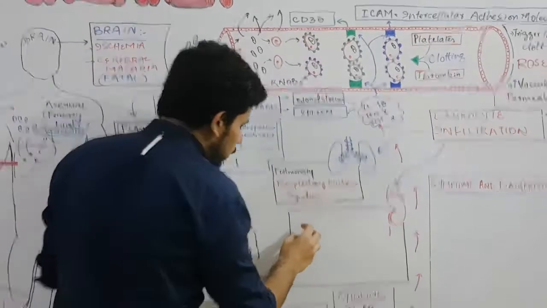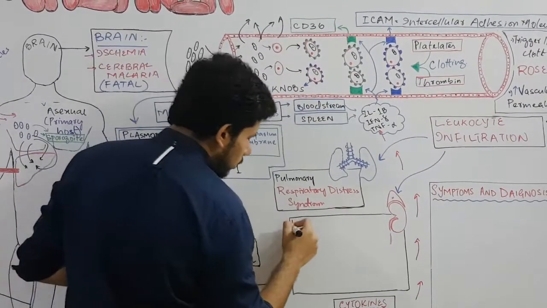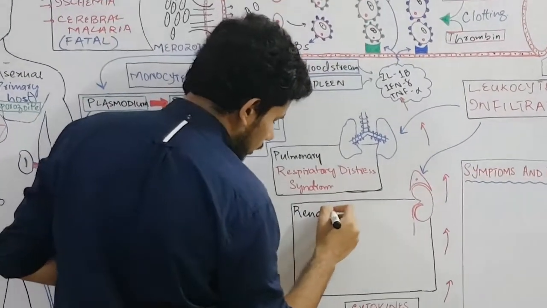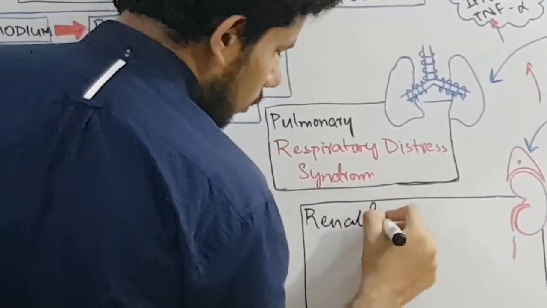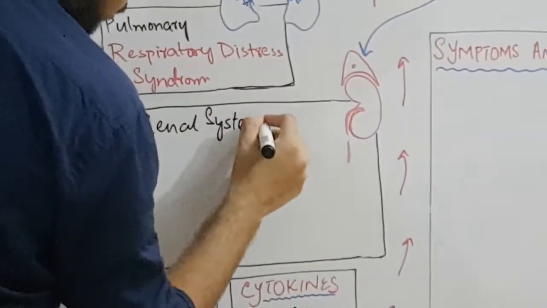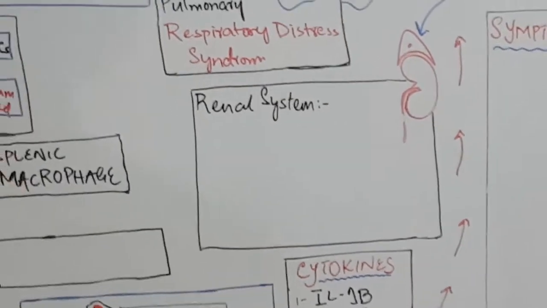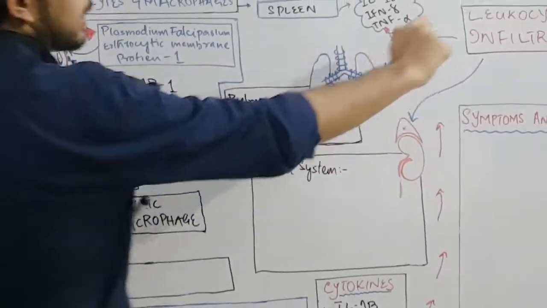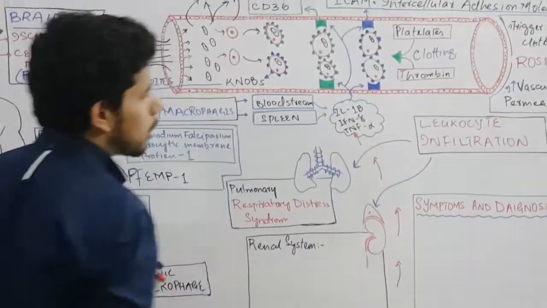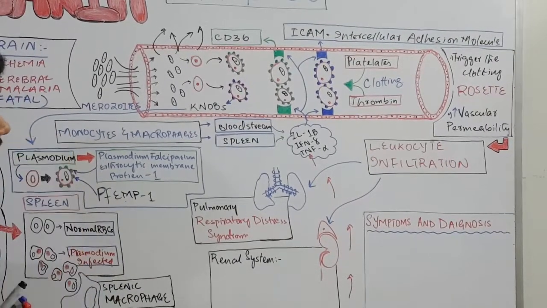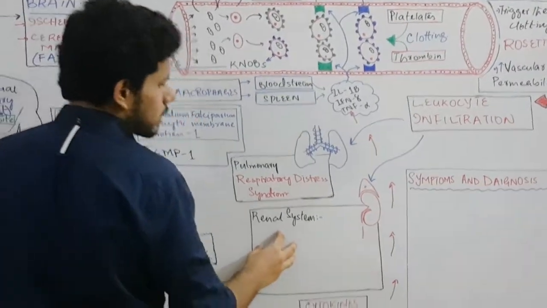And what does it do in the renal compartment, renal system? So this leukocyte infiltration and this triggered clotting or rosette formation cause many different complications in renal system.